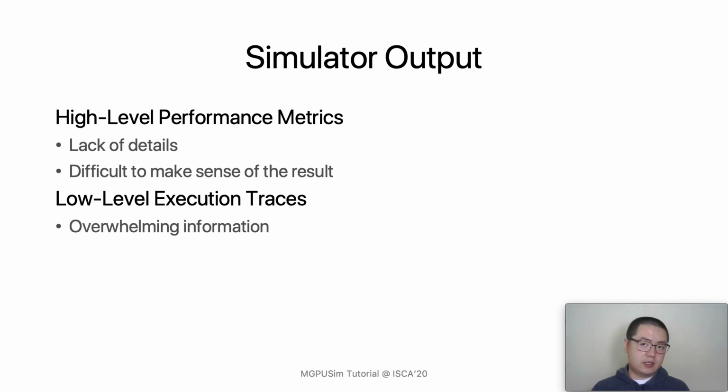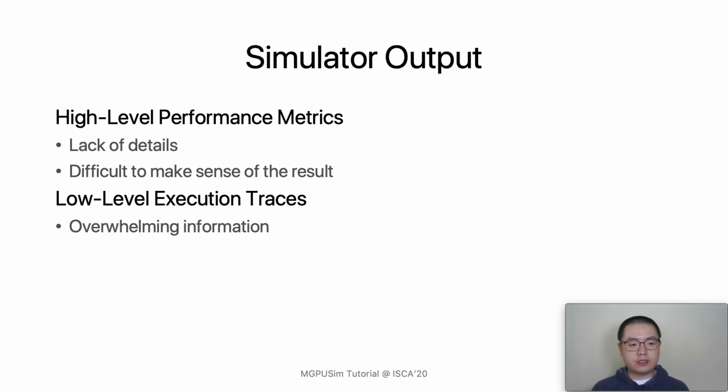Although you may see that in one simulation, the cache hit rate or instruction per cycle is very high or very low, it's generally very hard to make sense of why you get this type of result. Also, the simulator knows very low-level execution details. It has all the detailed information in this execution, so if you carefully program the simulator, you can dump these low-level execution traces.